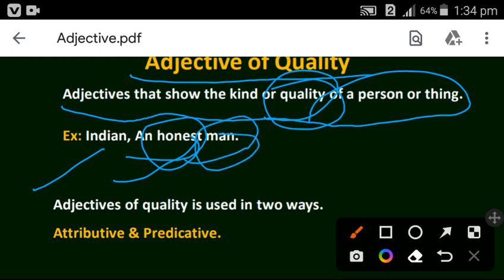Honest tells me about the quality of the man, how the man is this or that. The man is honest, not any other kind of man. The man is honest.